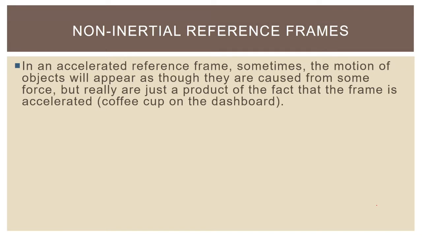So the idea is you have to put yourself in the position of the person in the reference frame that is accelerating. If you're in the position of this person sitting in the car, it's important to realize when you're in any reference frame, everything in your reference frame is at rest, right?